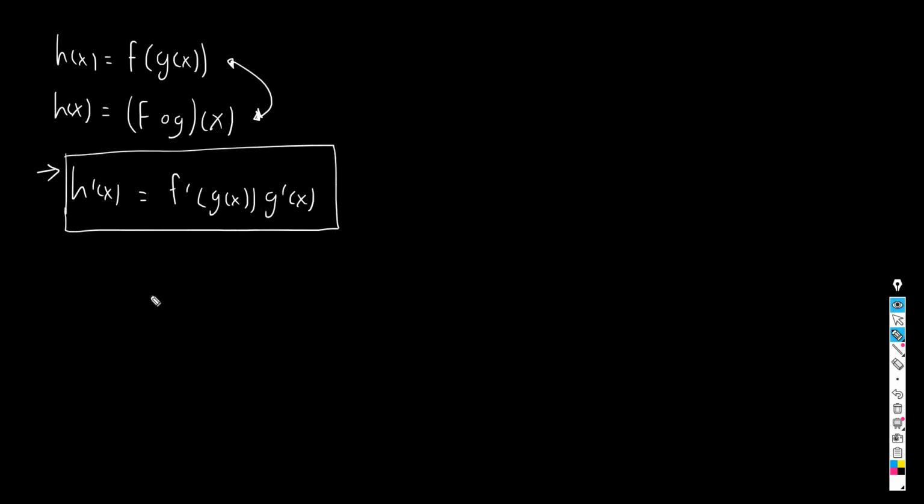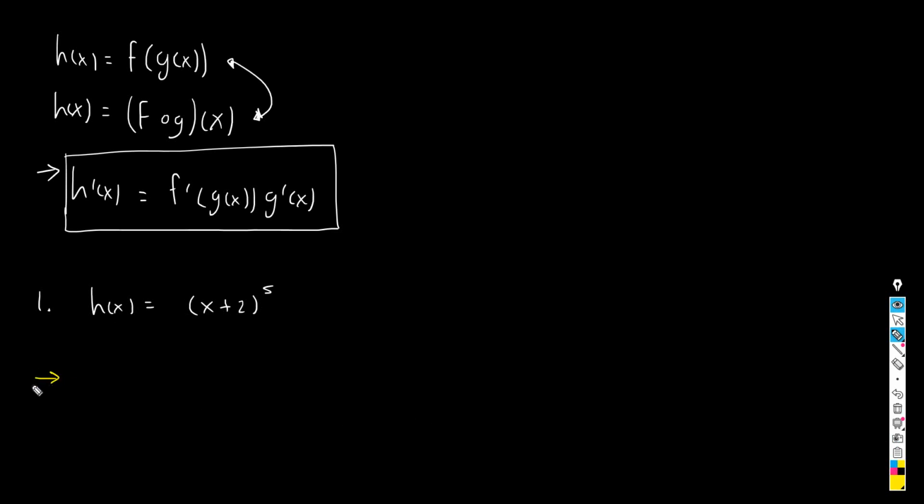Okay, let's see how this works. I'm going to give you 3 or 4 examples. So number one, suppose that we have this function h of x equals x plus 2 to the 5. So it looks like a simple function, right? But a very common mistake when trying to differentiate this function h, many people are going to try to do this.